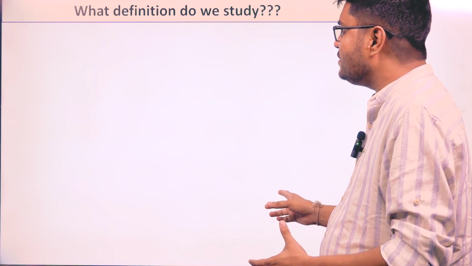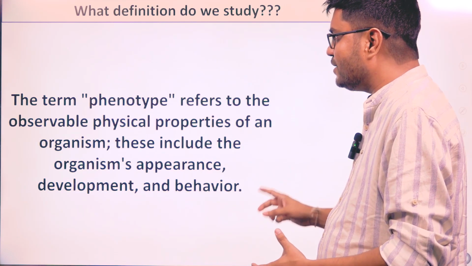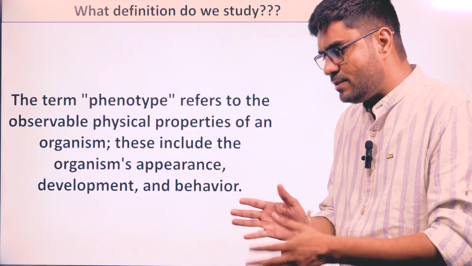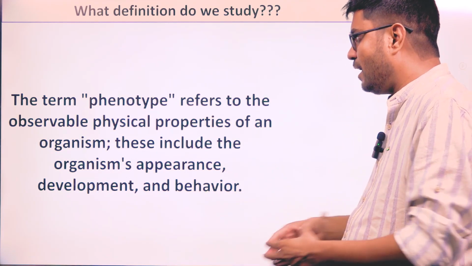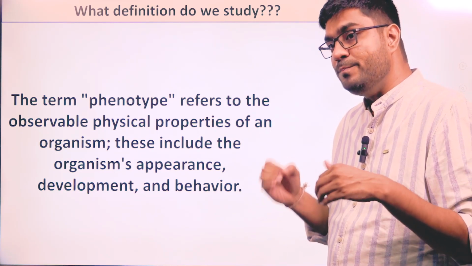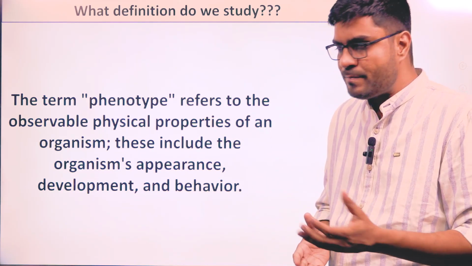So generally till now we are studying the definition of phenotype in a way that phenotype is nothing but how the organism is looking and what are the characters which are observable or which we can see.